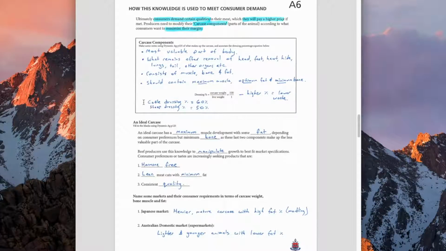So 60% of the live weight is actually carcass or really high value meat. And sheep get around 50% plus or minus. So, 40, 45, 50%. This means a lot in terms of their efficiency. Cattle are more efficient because you get more of the animal saleable as a carcass.